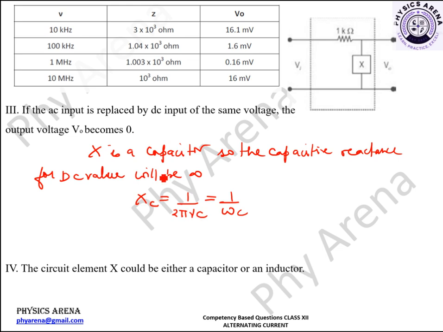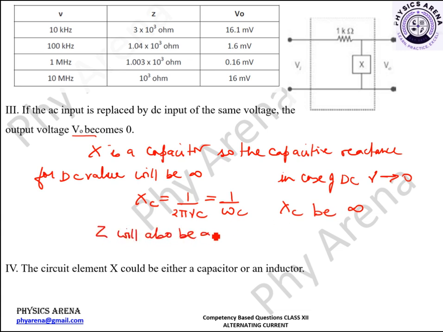As nu is becoming 0, because in case of DC, nu is tending to 0, so when nu is 0, Xc will become infinite. So this statement says that if DC input is applied in place of AC, voltage V0 becomes 0. Since Xc becomes infinite, Z will also be infinite.